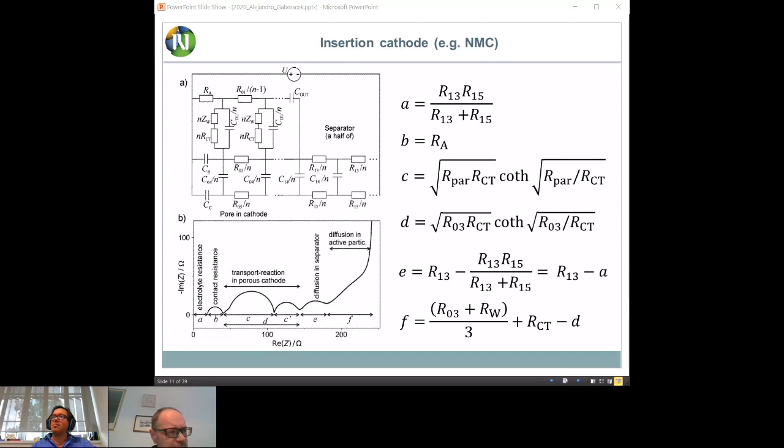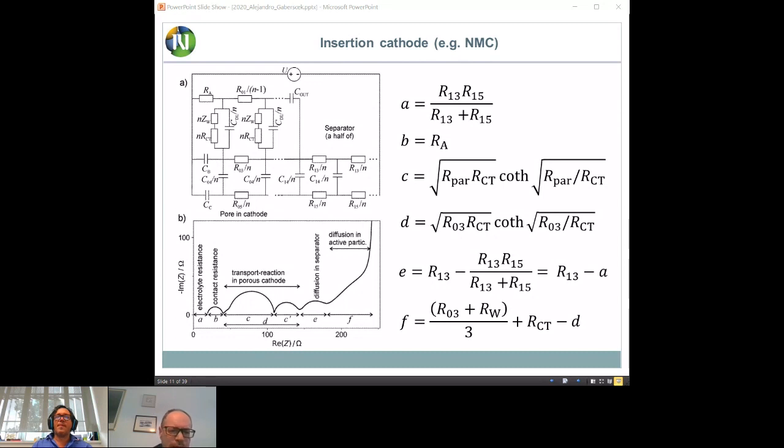Many things you can change, or you change the electrolyte type also. The model, if it is okay, has to work for all these kinds of variations. Otherwise, something is wrong with the model, something is missing.